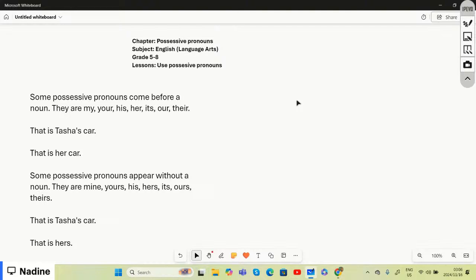And possessive pronouns, right? They are words like my, your, his, her, its, our, and their. Possessive pronouns basically show that something belongs to me or belongs to someone, or that someone has something or owns something.